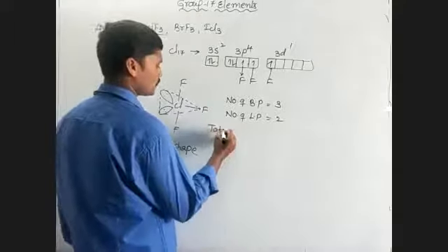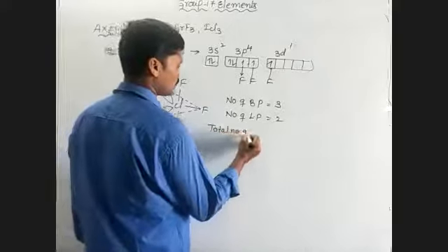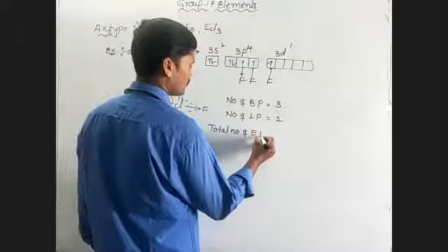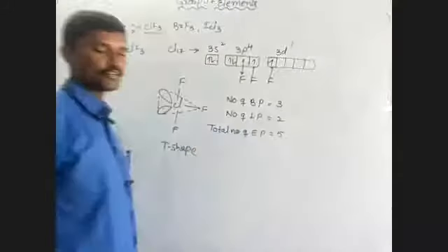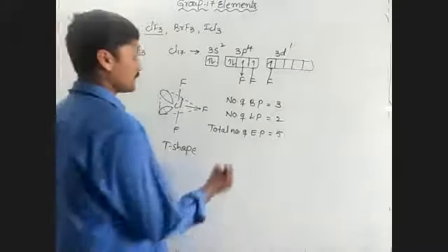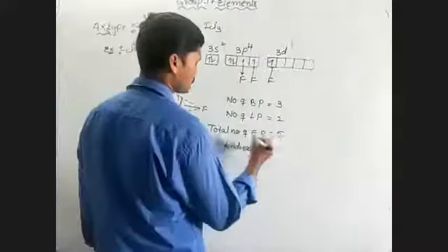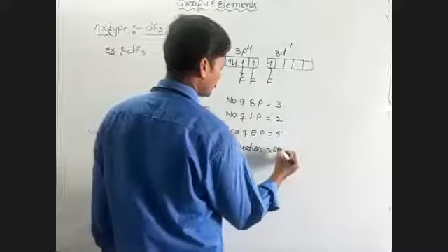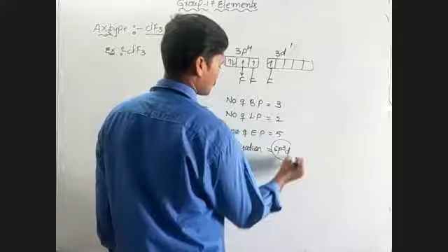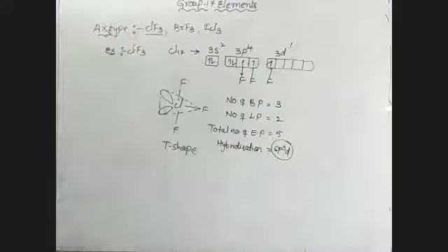Total number of electron pairs is equal to 5. So the hybridization of the central atom is sp3d. That is the structure of AX3 type.